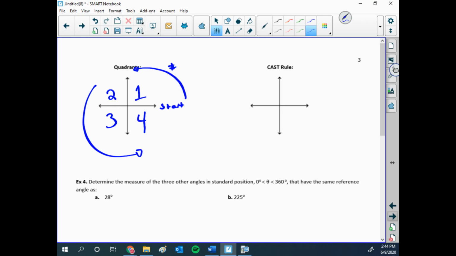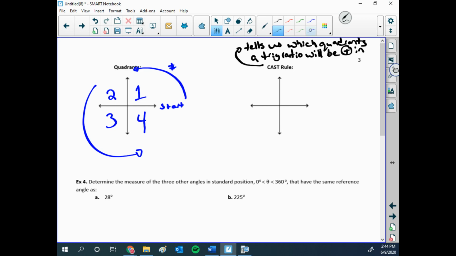The cast rule. We're going to come back to the cast rule as we look a little bit more at trig ratios, but just to introduce it for right now, the cast rule tells us in which quadrants a trig ratio will be positive.